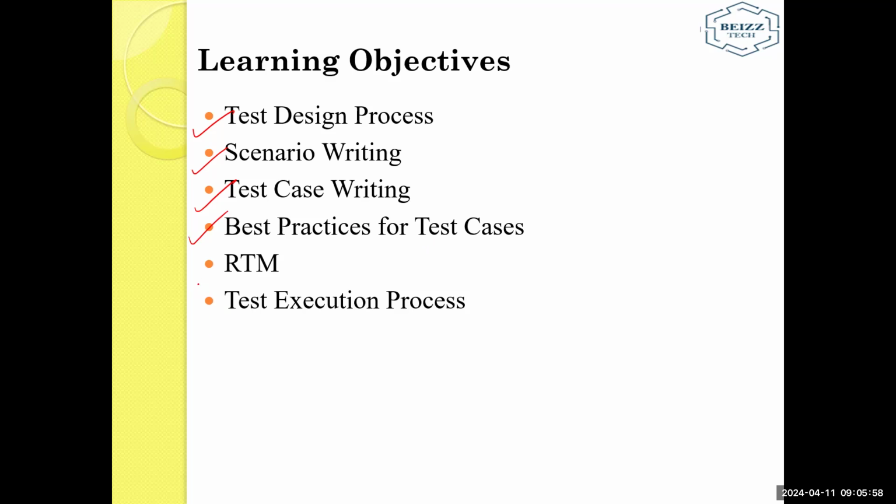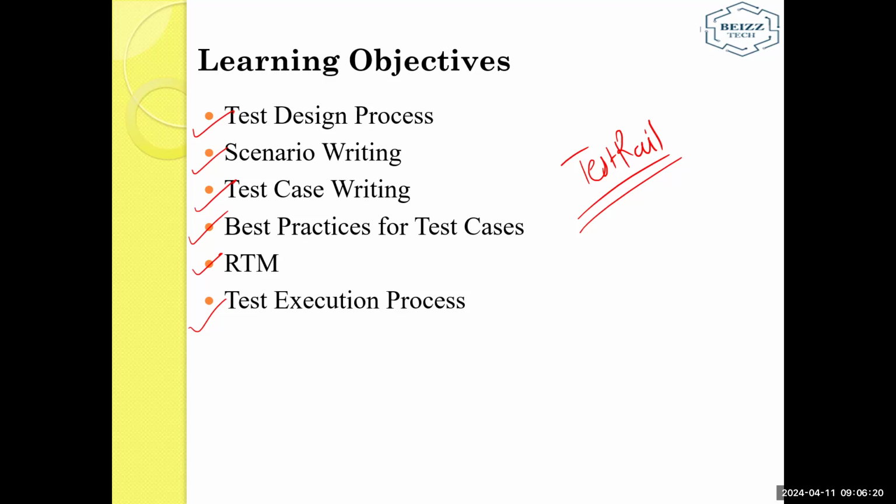Today, I will be starting with RTM and the execution process. And then I will show you the same demo with the help of the TestRail tool. TestRail is a complete test case management tool, and we need to understand the whole process, how we can prepare test cases as well as how we can execute test cases using TestRail.